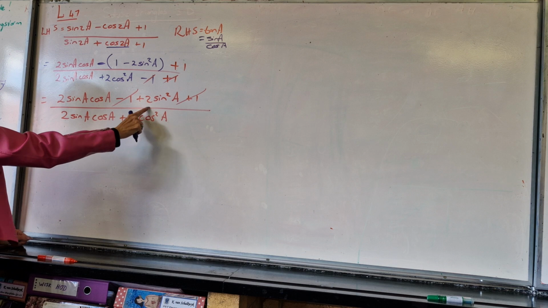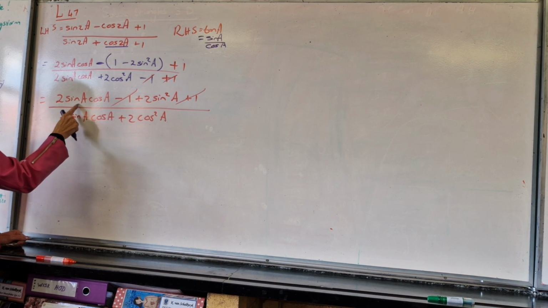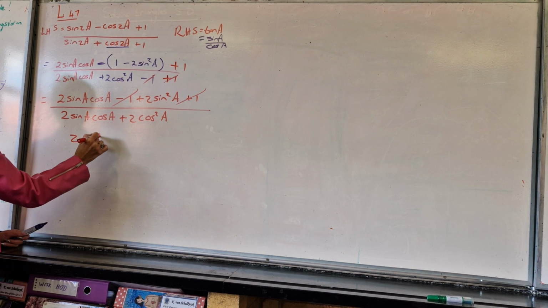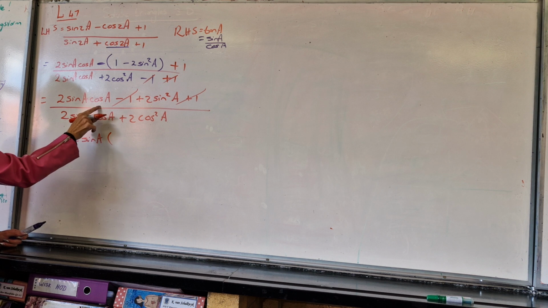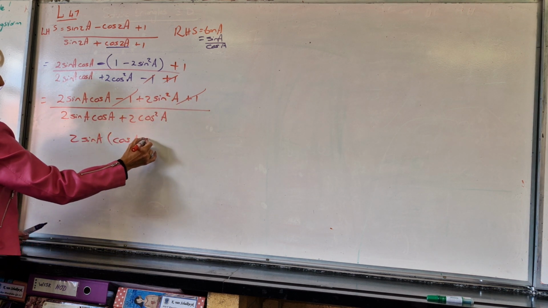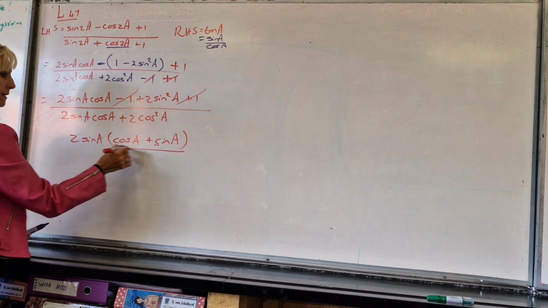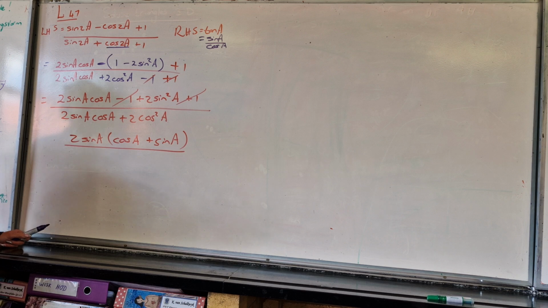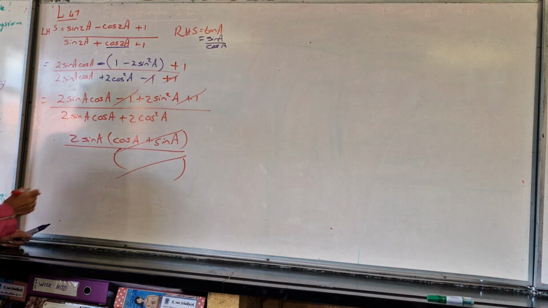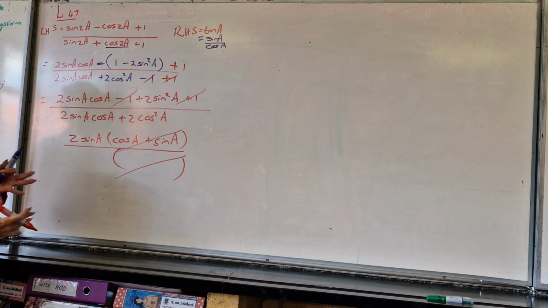I'm going to take out a 2 sin. If I take out a 2 sin, what's going to be left? Cos, plus another sin. Everybody happy on that? Now I know, and you should know, that if everything goes to plan, this had better fall away. If I'm heading for there, are you with me? You know where you're aiming.